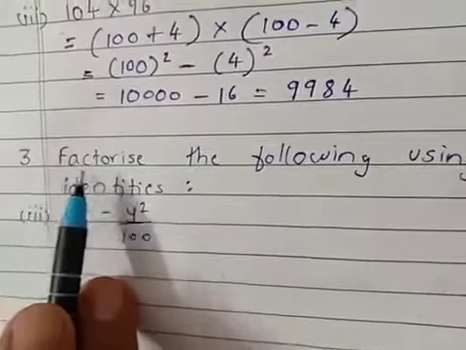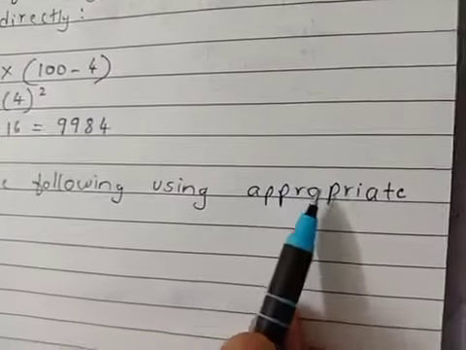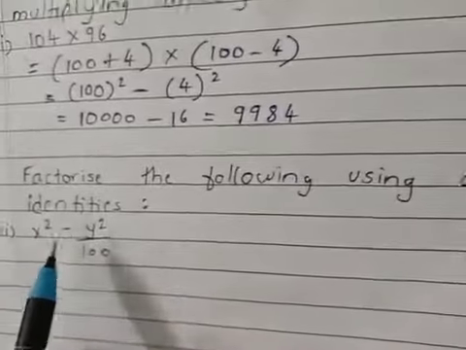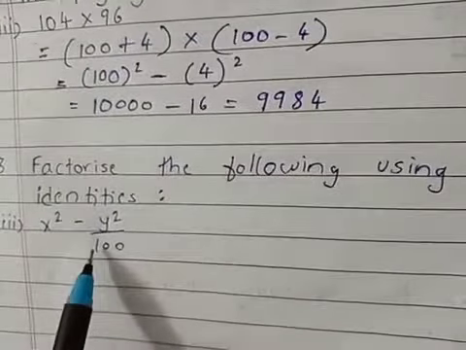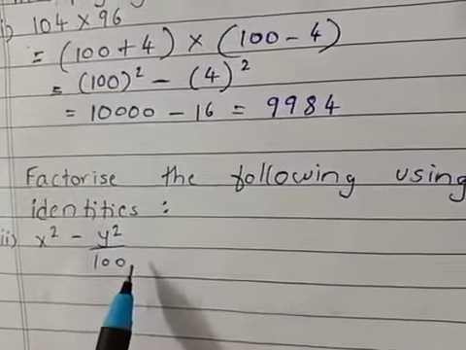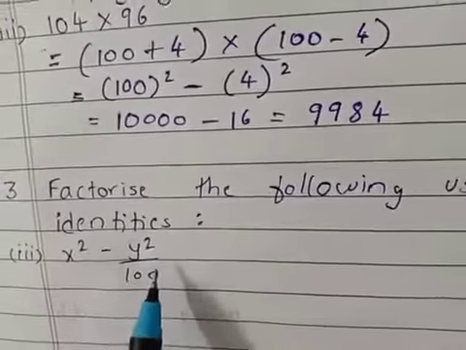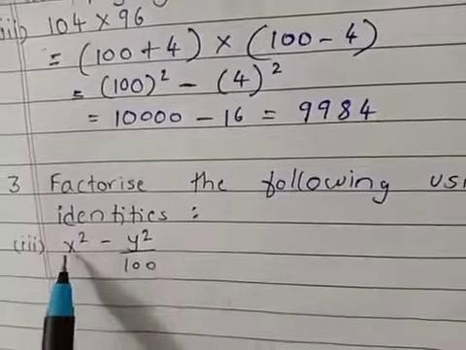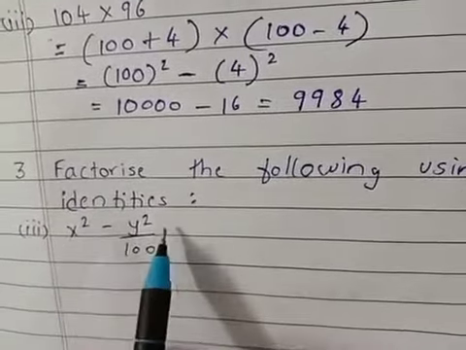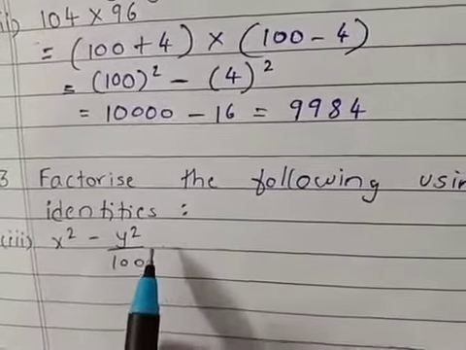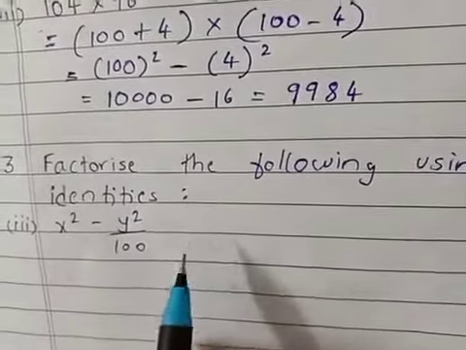Now solve the third one. Factorize the following using appropriate identities: x square minus y square by 100. This is also of the form a square minus b square. So what is the answer for a square minus b square? In the identity we have learned, it will be a plus b into a minus b.